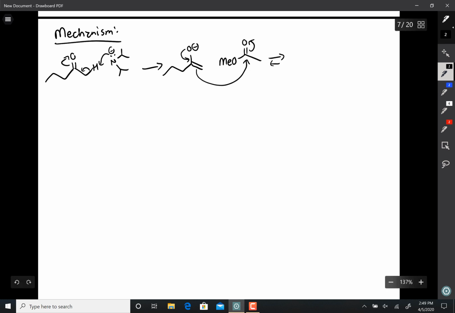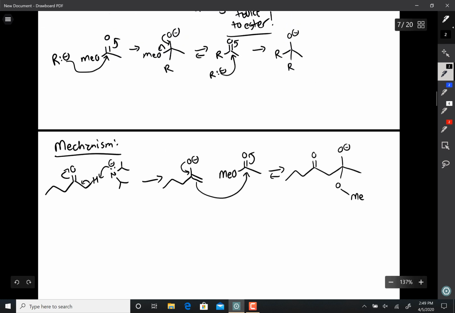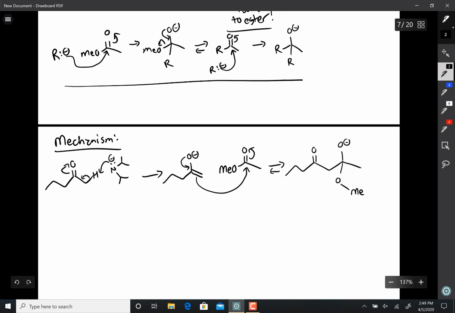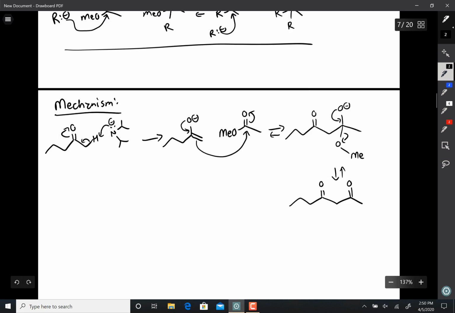This step is reversible. So far, it's a lot like the organolithium. Now the next step is the O- swings its electrons down, kicks off the OMe, and you get your ketone.